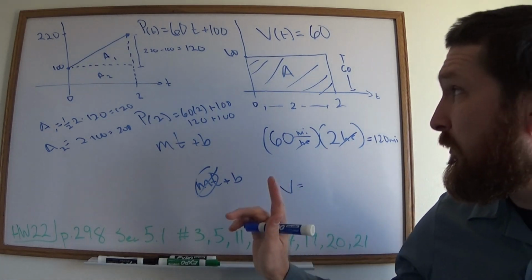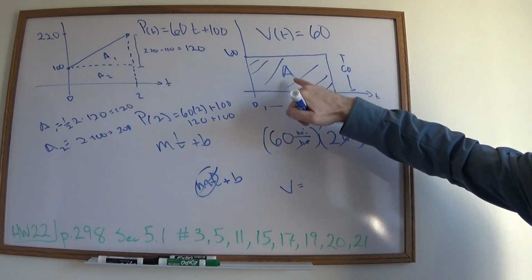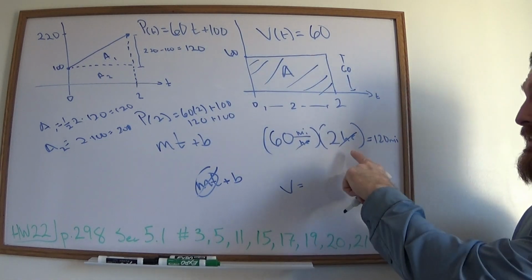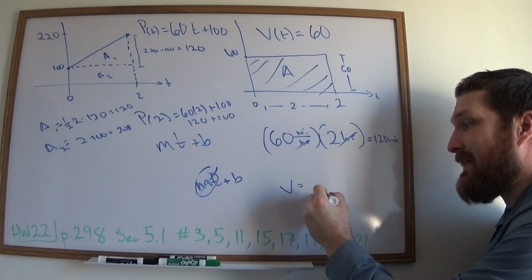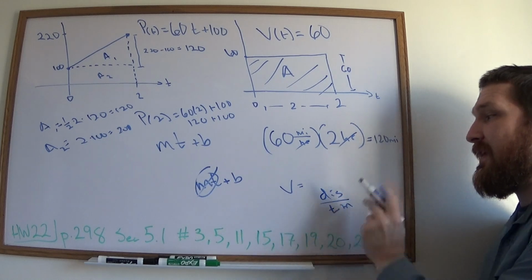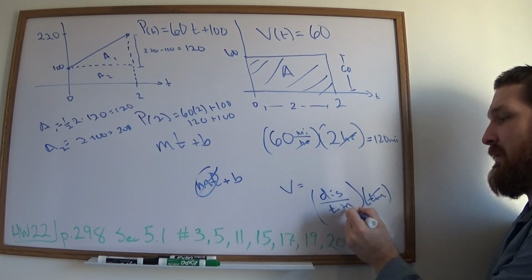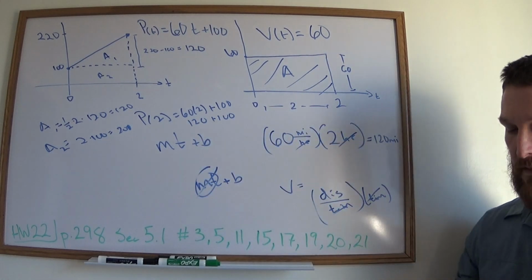Now, one thing I want to say before we move on, in your homework, you're going to need to know that the area under a curve of velocity, so if velocity is in distance over time, then the area is distance, right?